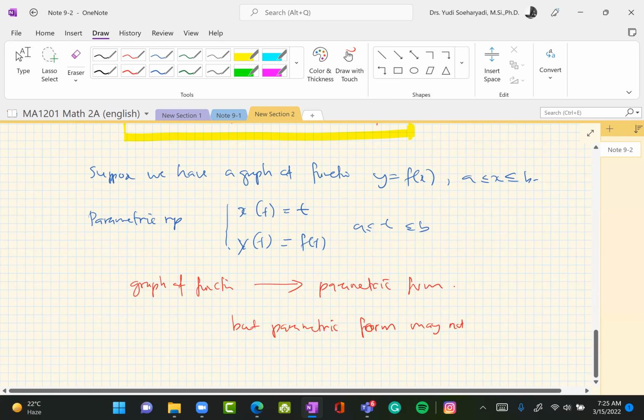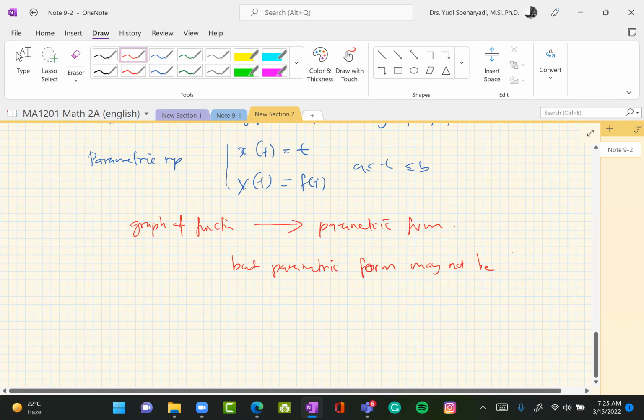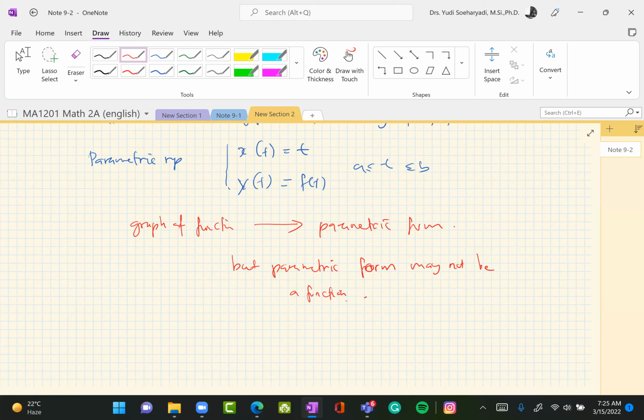May not be a function. Okay, so that's the easy part. Okay, I guess that's from parametric form.